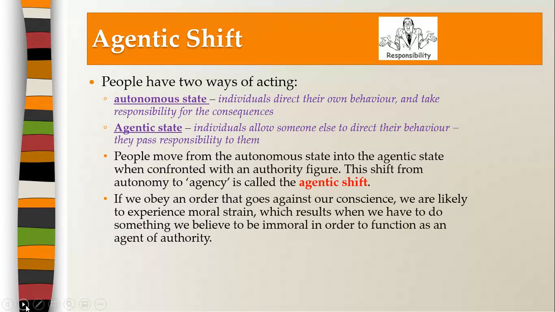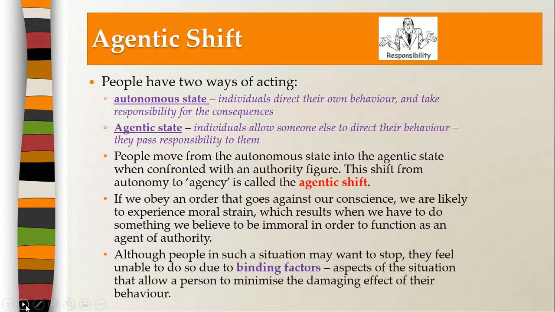If we obey an order that goes against our conscience, we're likely to experience moral strain, which happens when we have to do something we believe to be immoral but we believe that we have to act on behalf of somebody else, like giving the electric shocks in Milgram's study. Although people in such a situation want to stop, they feel unable to do so due to binding factors: aspects of a situation that allow someone to minimize the damaging effect on their behavior.